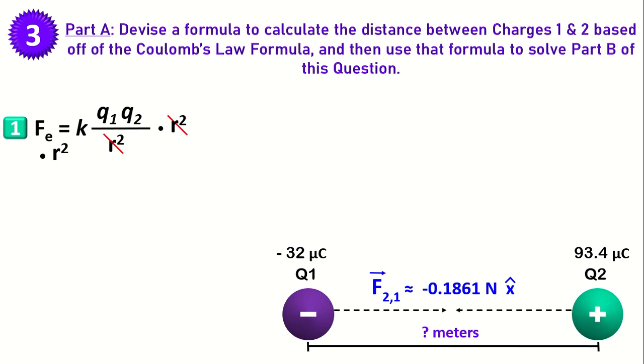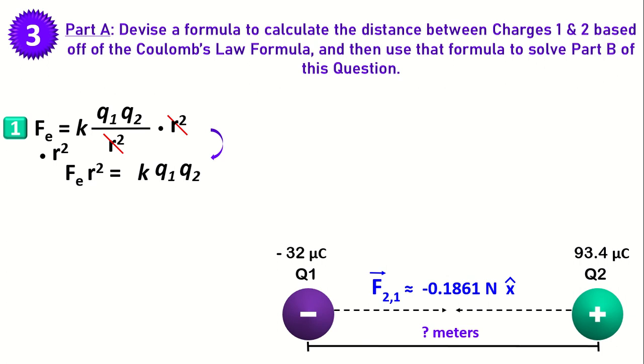As shown here, r squared and r squared on the right side of the equation will cancel out, since we're multiplying 1 over r squared by r squared, which just reduces to 1. On the left side, we'll have the electrostatic force times r squared is equal to k times q1 times q2. Remember, with algebra, whatever you do to one side, you have to do to the other, right? So we multiplied by r squared on one side, and we have to do it on the other side.